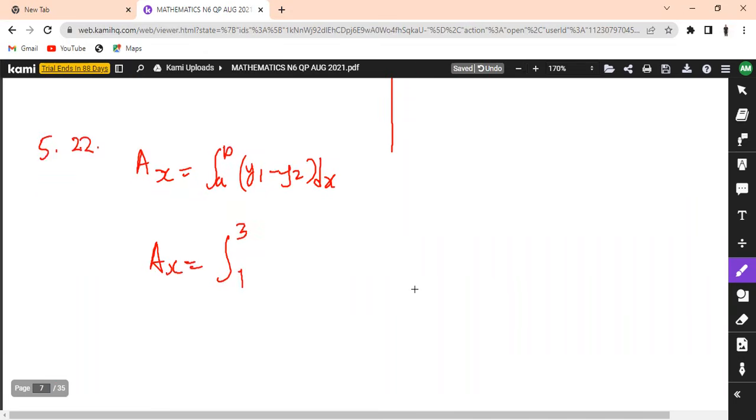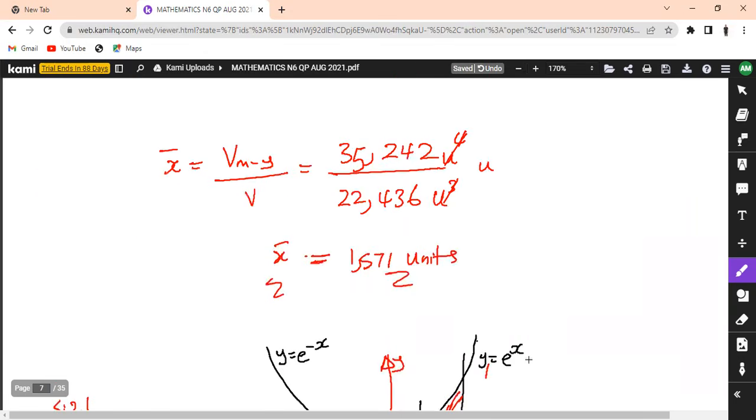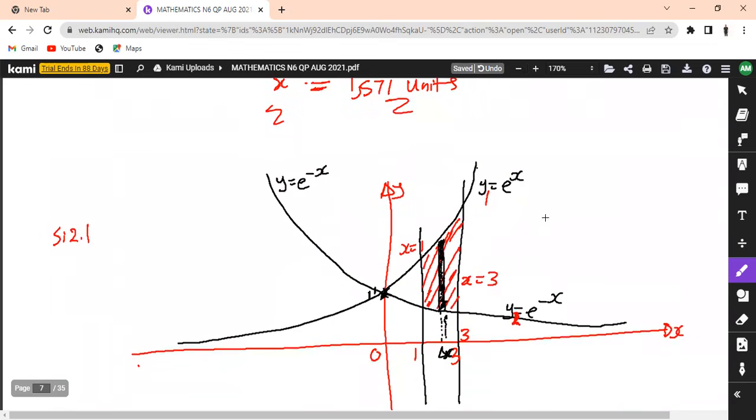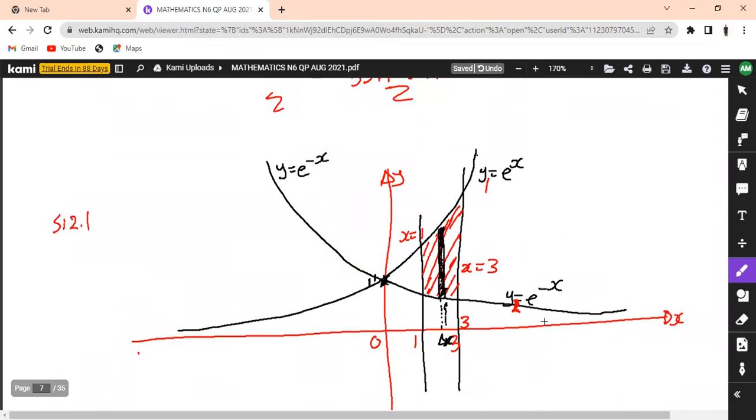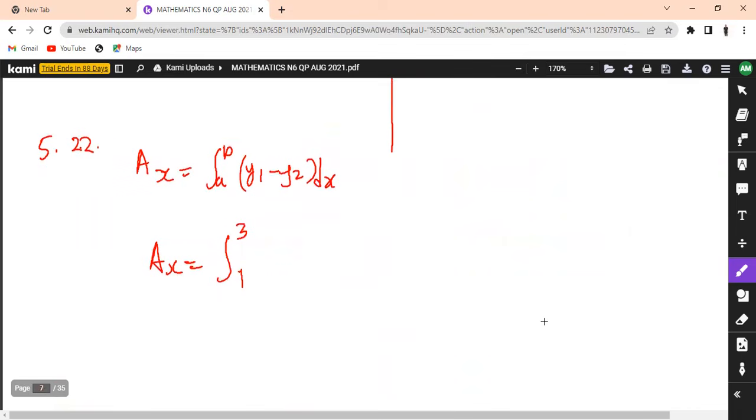And y1, which is e to the exponent of x, the graph on top, minus e to the exponent of minus x. So it is going to be e to the exponent of x minus e to the exponent of minus x, with respect to x.